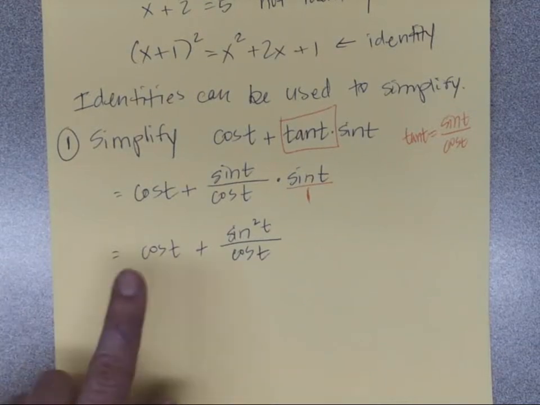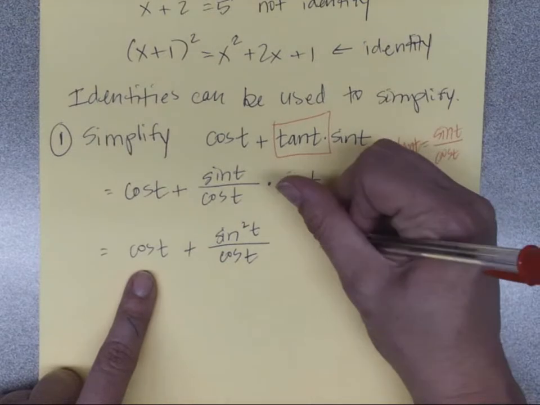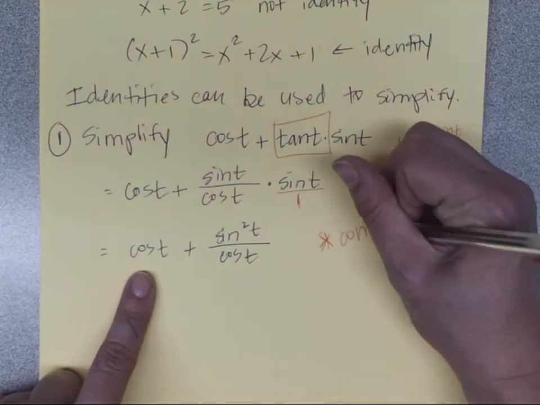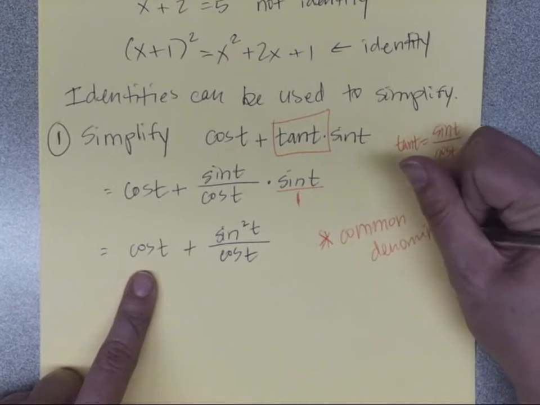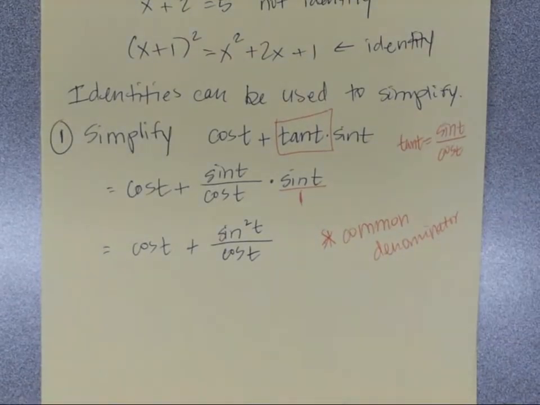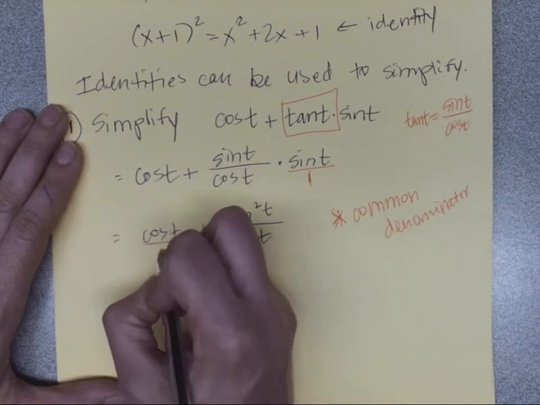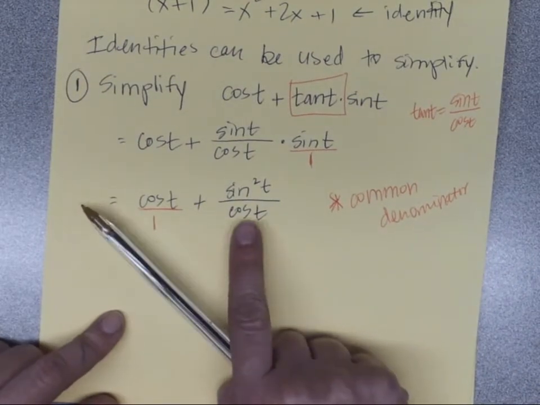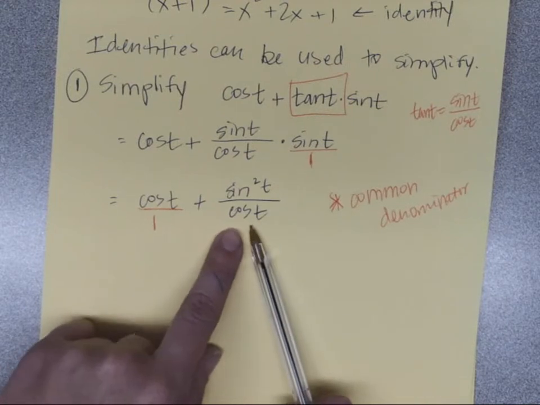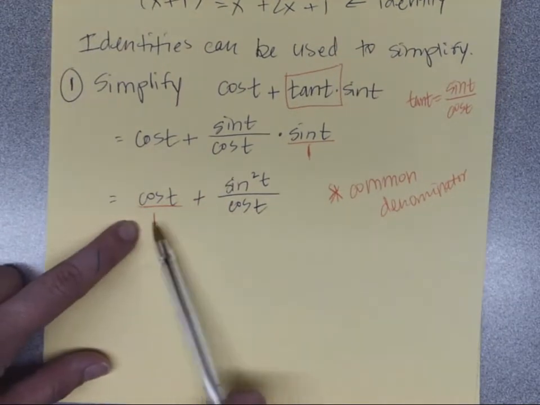At this point, I have two terms, and it would be helpful if you got a common denominator so that I can make it one term, because one term is always more simple than two terms. So if you'll look, this one has a denominator right now, it's cosine of t. This one also has a denominator, it's a 1. So the common denominator here would be cosine of t. This one already has the common denominator, so I don't need to multiply this term by anything. This one needs the common denominator.